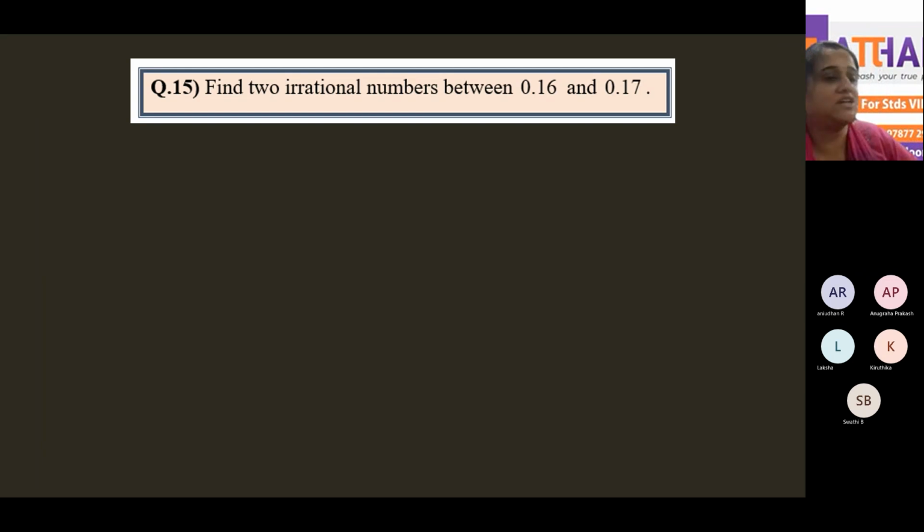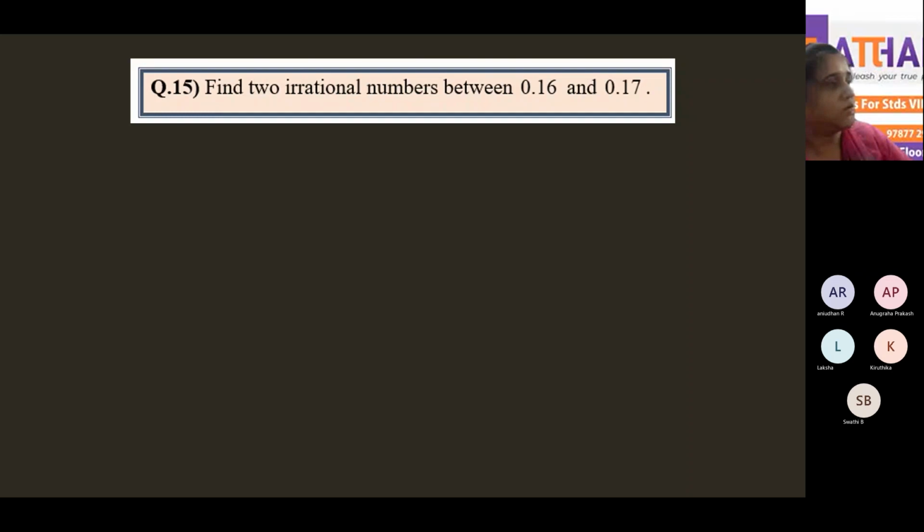Now this one: two irrational numbers between 0.16 and 0.17. Find two irrational numbers.